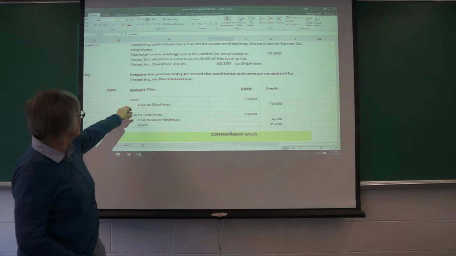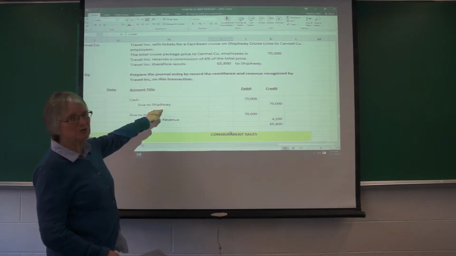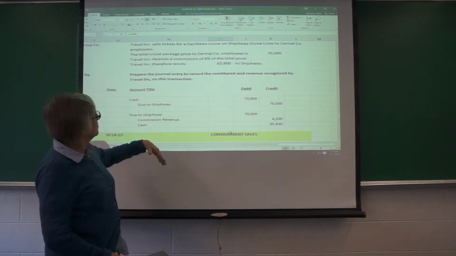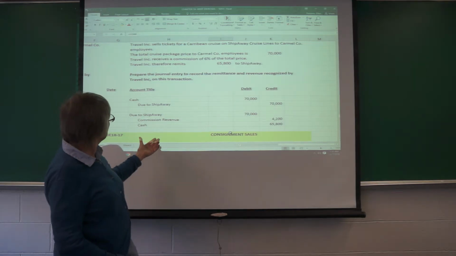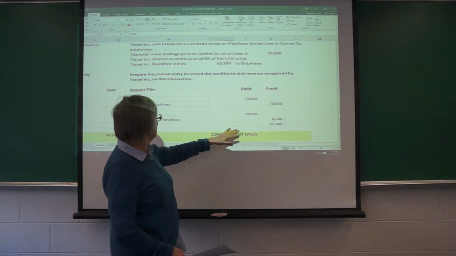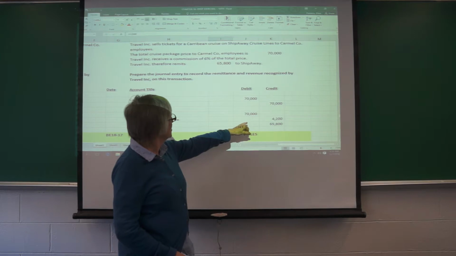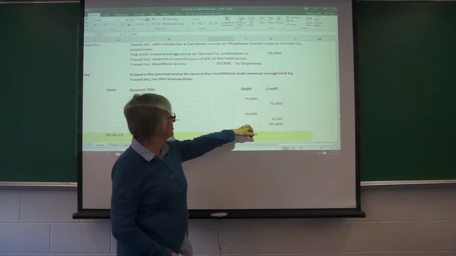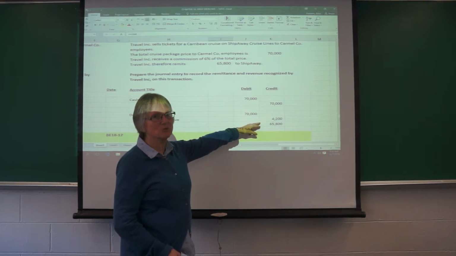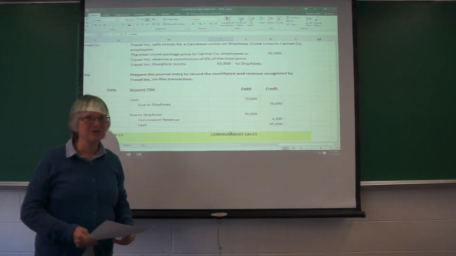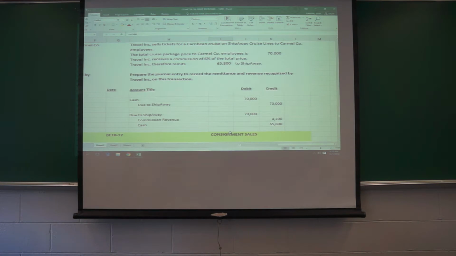They collect the cash, but it's not theirs, it's due to the cruise company. When they settle up with the cruise company, they're going to send them the cash based on the price less their commission. So they'll keep the $4,200. That's what they book as revenue. That's all the agent books as revenue.